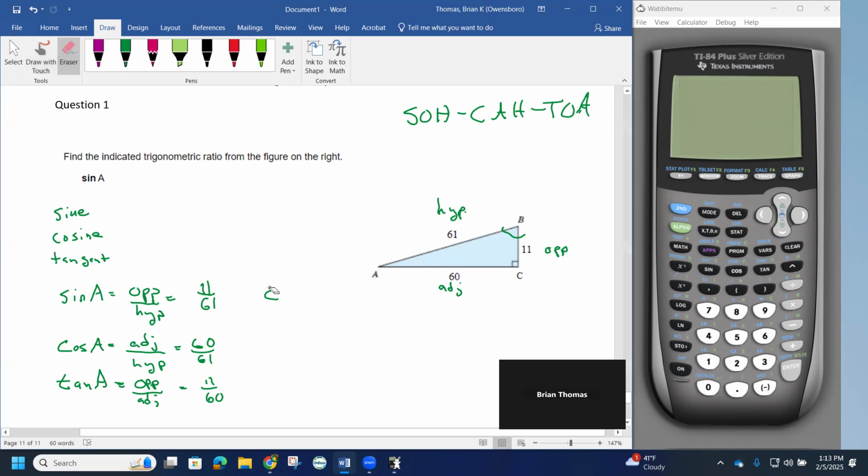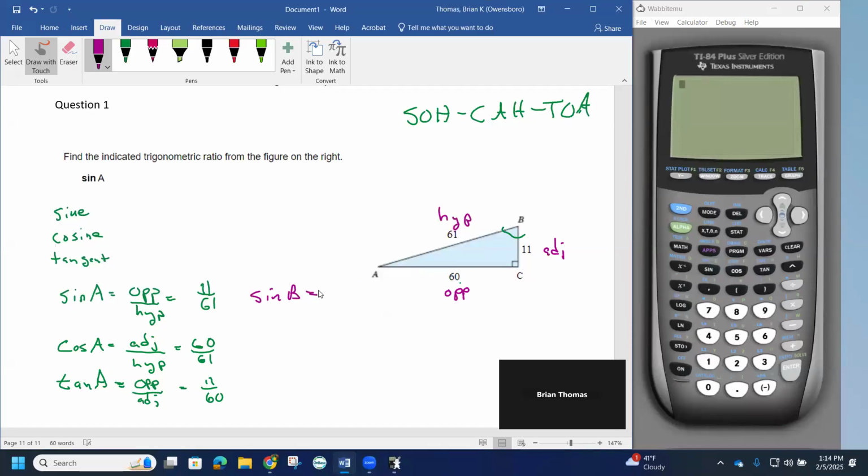So if I want to do the sine of angle B, notice that things have switched. If we're talking about angle B, the 60 becomes the opposite. The 11 becomes the adjacent, but the 61 is still the hypotenuse.